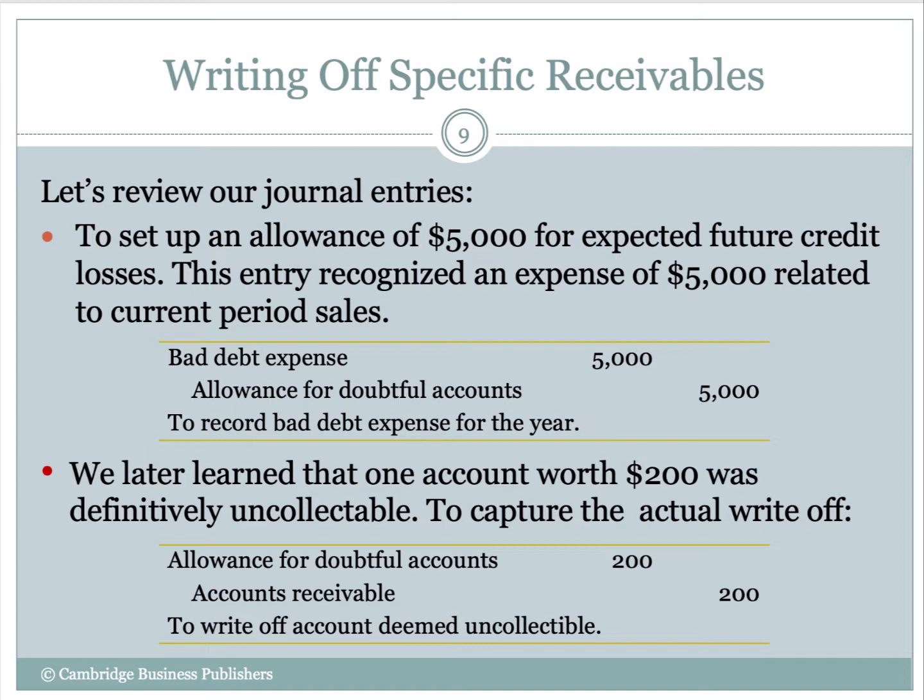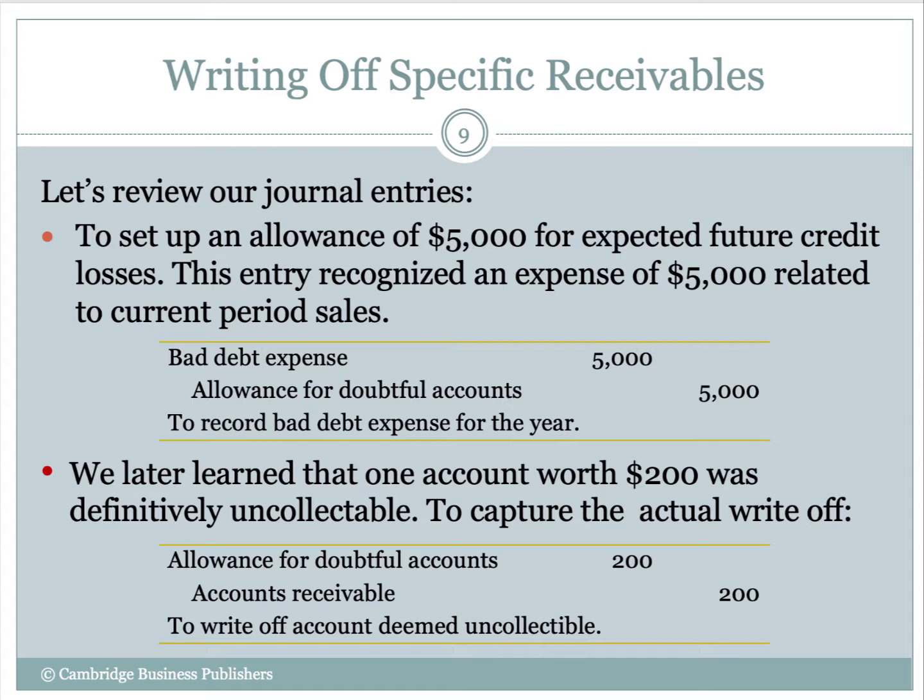Let's review a little bit. From the get-go, we said that we have to set up an allowance for doubtful accounts. We said that that's $5,000 because that's what we expect future credit losses to be. It's an estimate. How do we recognize that expense?